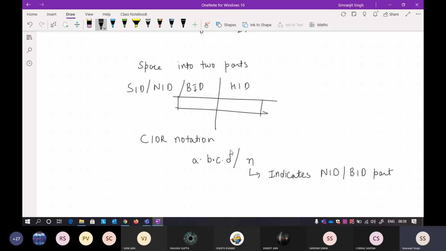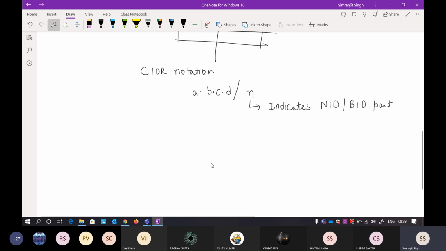Now you are giving the network ID part along with the IP address, so you will be able to find out the host ID and everything else from there. I'll show you an example.